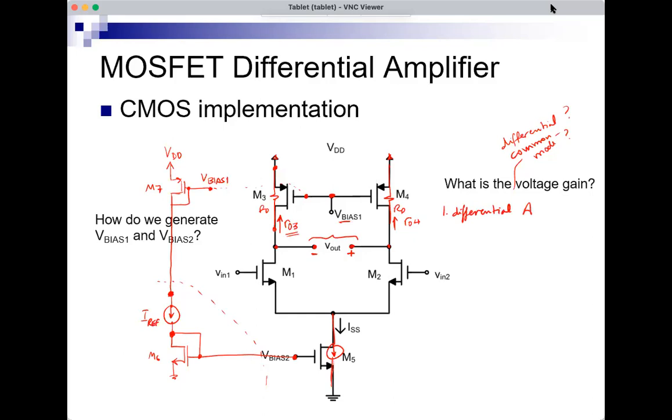So AD is the gain when Vin1 is VID over 2 and Vin2 is minus VID over 2. When I have purely, fully differential inputs, this will be at signal ground.